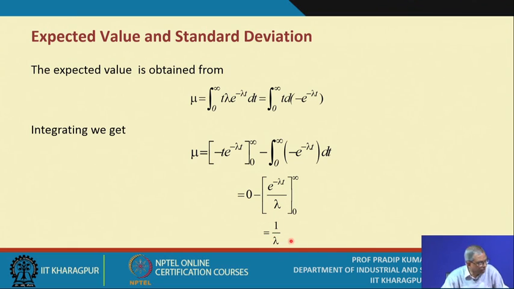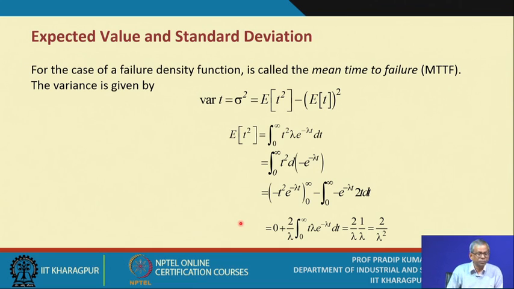So, lambda is the parameter. And if you want to calculate the variance, the positive square root of the variance is essentially the standard deviation. For a failure density function, the mean is called the mean time to failure.